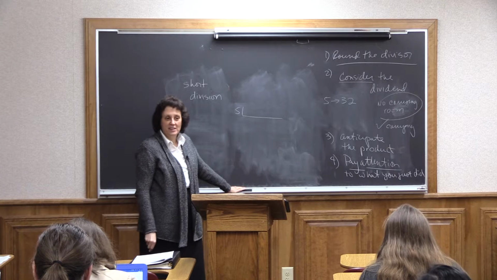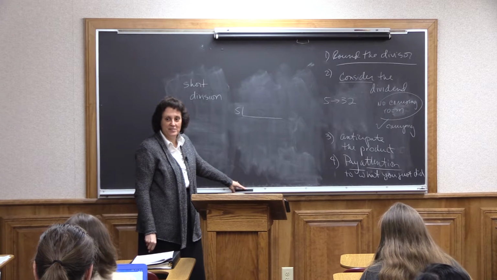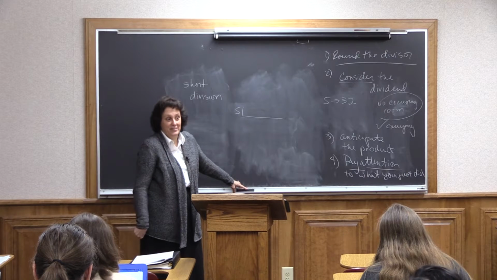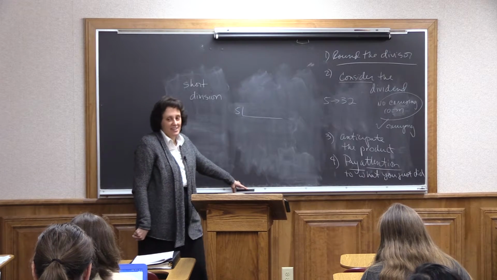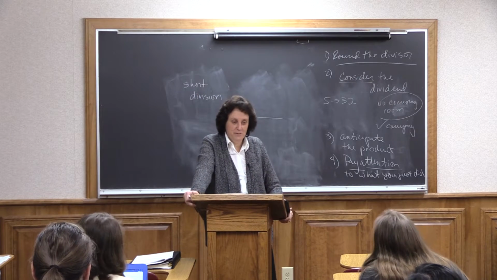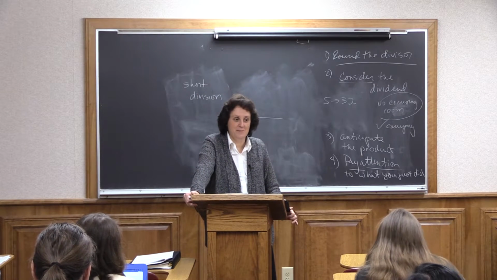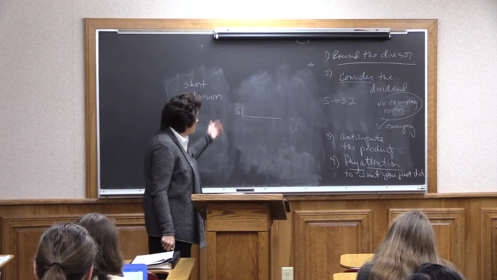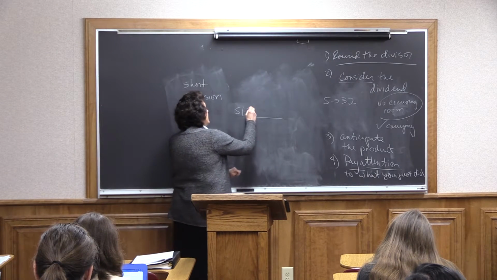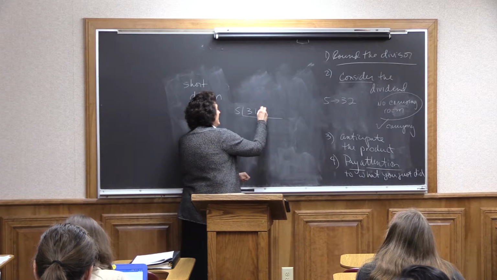The 5th graders learn this and the 6th graders learn it. And even this year's 7th graders, they said, can we do mental math? Can we do short division? Do we have to do long division? Because I was making them show their work. Simply because we weren't having very much success in some of our grades. But this is a good thing. It sharpens their mind. What about your mind? We're dealing with your mind today.